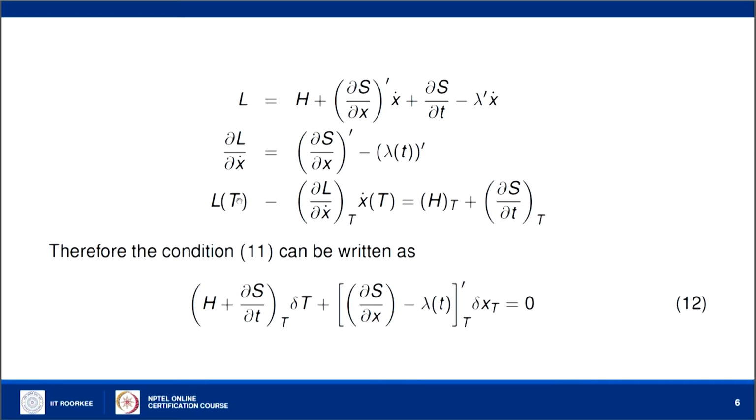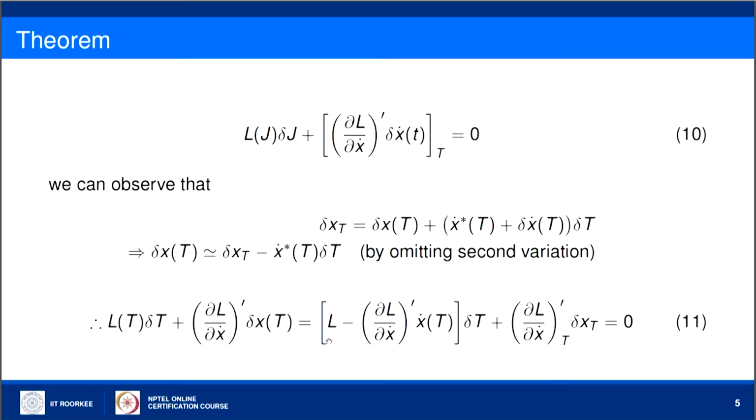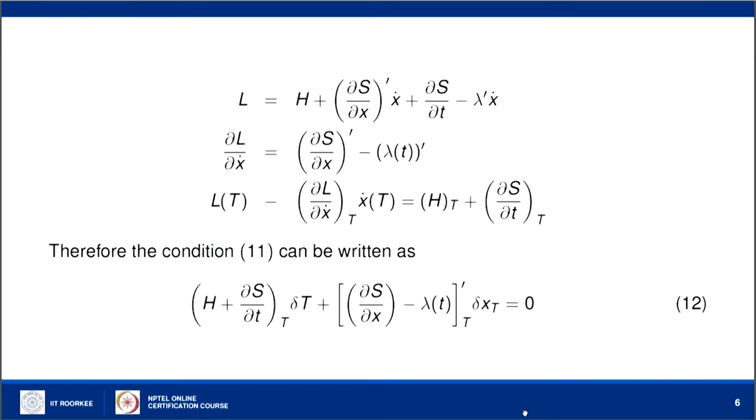Now, L evaluated at capital T, similarly this expression L minus del L by del x dot into x dot T. If you substitute in terms of H, L evaluated at capital T minus del L by del x dot into x dot is in terms of H given by H at capital T plus del S by del T evaluated at capital T. That we can see from the previous equation.